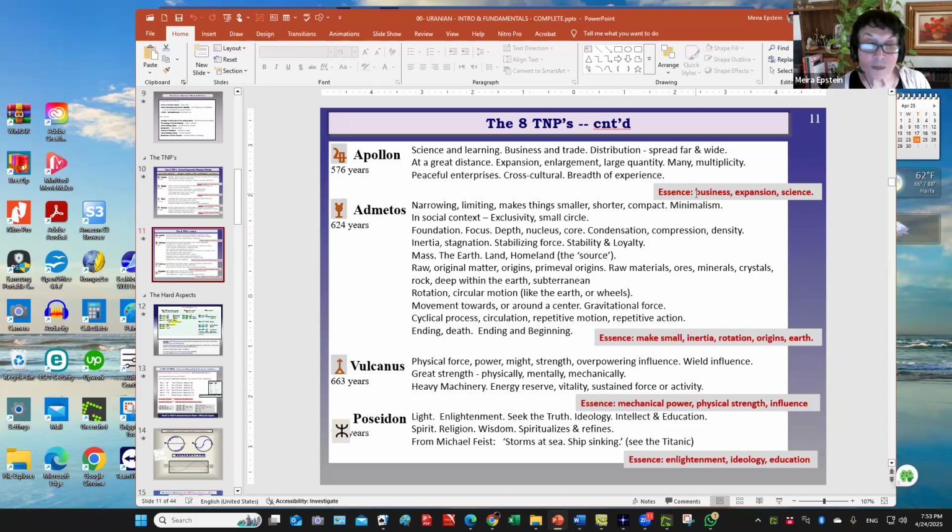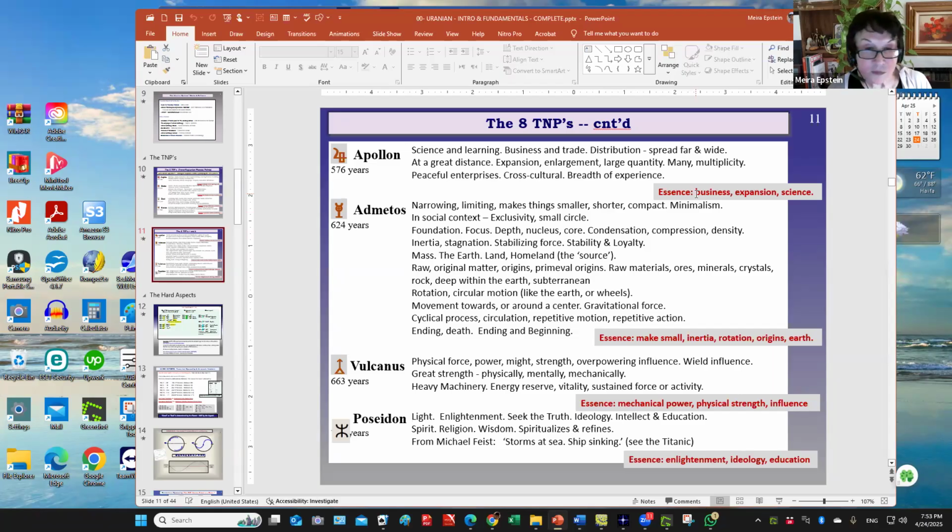Admetos. I'm sorry, Apollon. The name Apollon. Apollo, the Greek god Apollo, he was a sun god. He was one of the figures of the sun god. There was Helios and there was Apollon. Apollon was a sunny god.